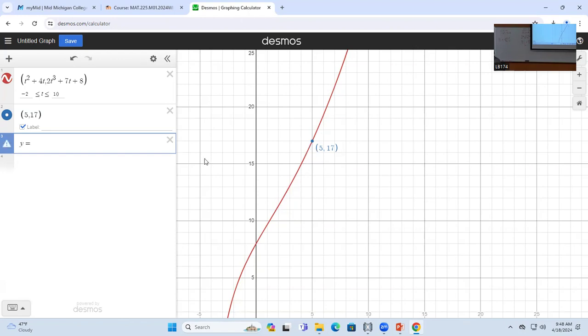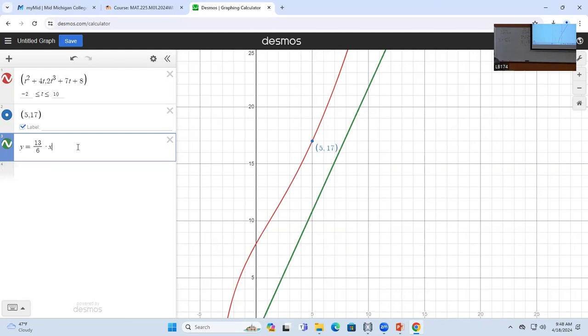Well, a tangent line is going to be y equals m times x plus b, where m is the slope. So if m is the slope, 13 over 6 is the slope. We just have to find the appropriate b. One way we can do this is that I know it goes through (5, 17).